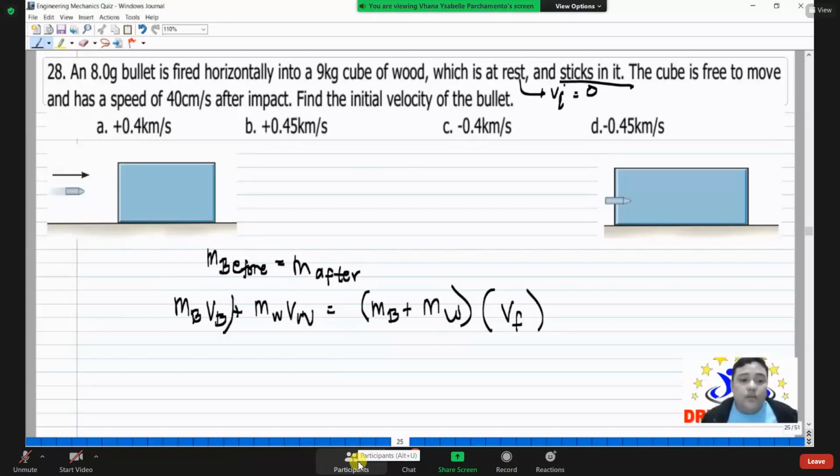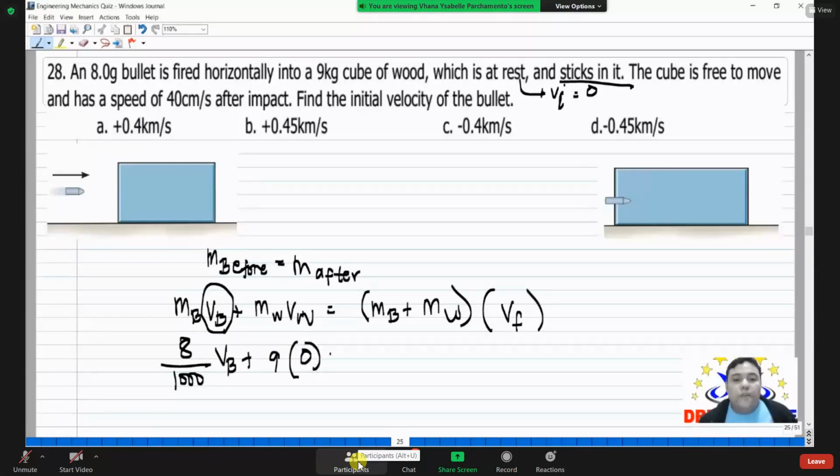Ang hinahanap is initial velocity or yung VB natin dito. So, that is 8 all over 1,000 in kilo kasi ito, times VB plus yung ating mass of the wood times yung ating velocity.